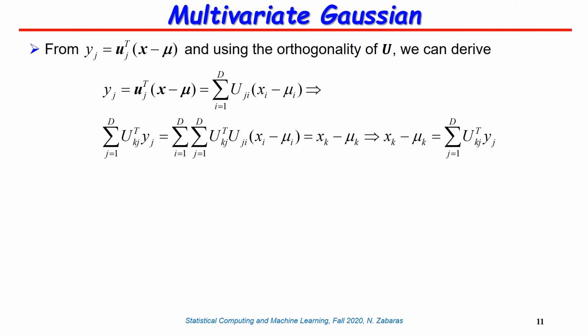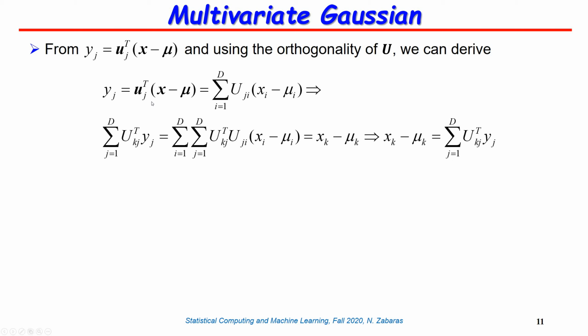Remember that I had written down the new coordinates y, transforming x to y, and obviously the question somebody may ask is, can I write down the inverse transformation? Can I also figure out how x is transformed to y? And the answer is yes, we can do this.